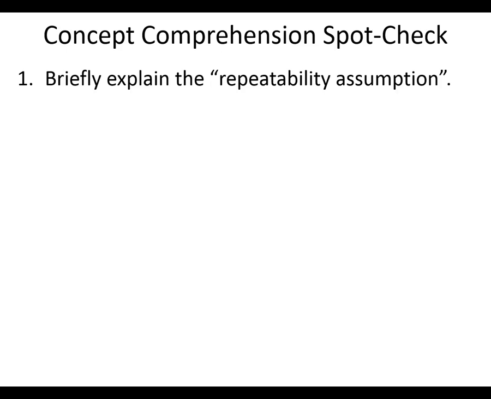The assumption says that you can acquire the item for the same cost and that it generates the same return each time you repeat it. So that's the sort of information I'd hope you'd summarize in a description of the repeatability assumption.